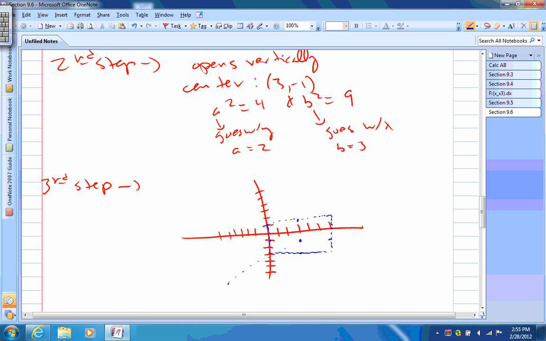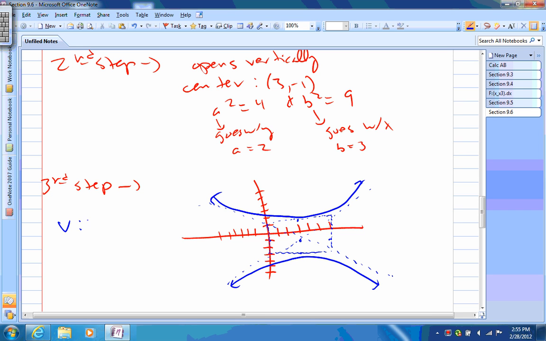Draw your diagonals. And because I know it opens vertically, my graph will look like this. Okay, kind of missed with that one, but that's okay.